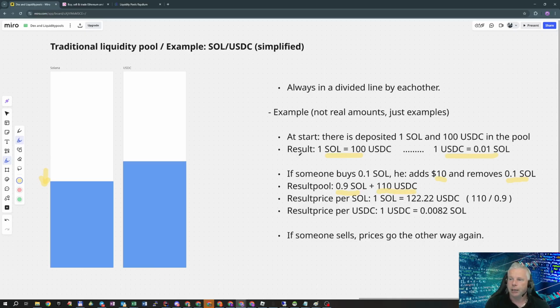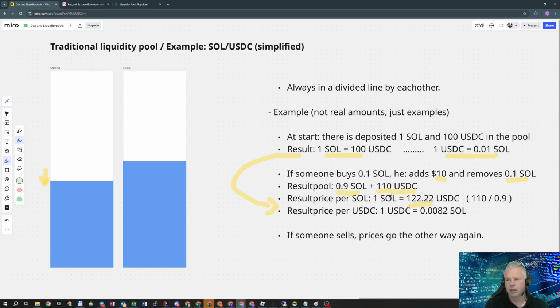If we now again do the same calculation, and I've divided this in two parts here. Now, 1 Sol is $122 in this case. Because someone has bought, the price has risen. If we make this division, like you already did here, but this looks more simple, a little bit more written out, you will see that 110 USDC divided by 0.9 Sol results in a price of 122.22 USDC.